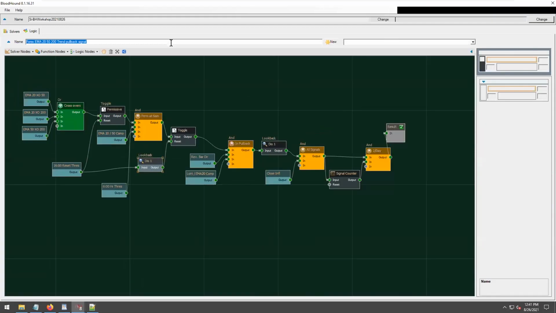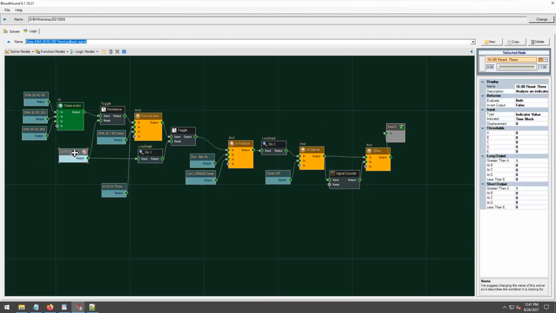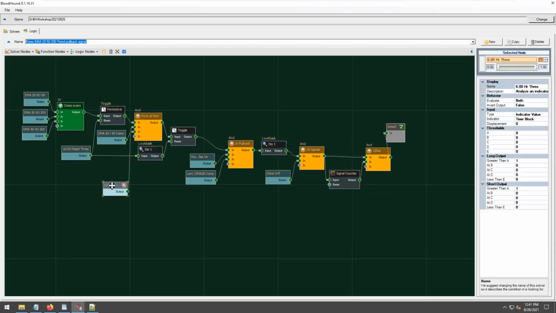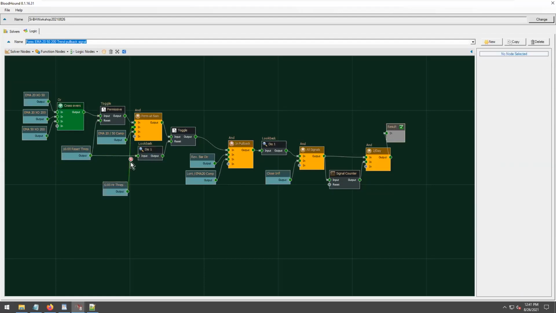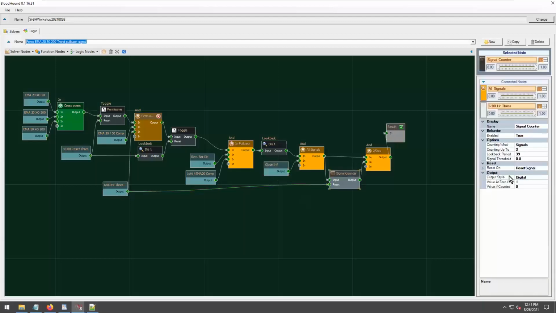Let's adjust this around a little bit. There, something like that. All right, so the signal counter, let's go into the resets here.